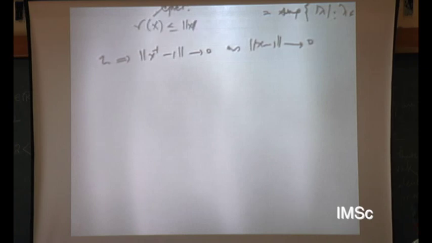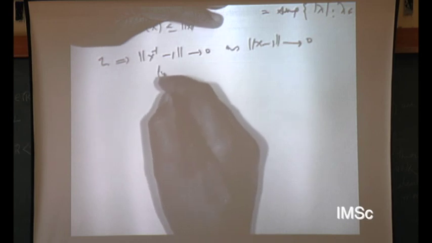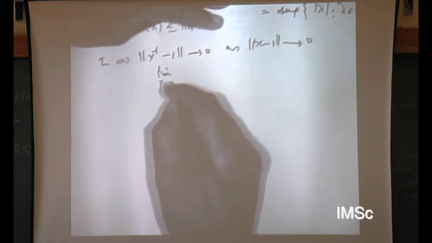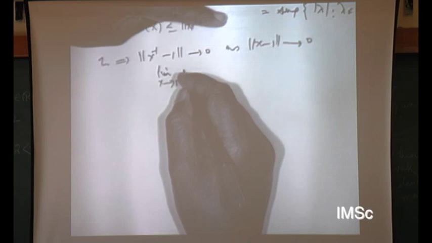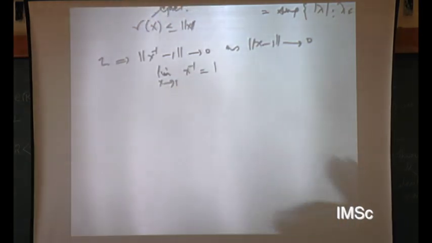That is the observation that I made. As x approaches 1, x inverse approaches 1. There is a more natural way to say it: the limit as x approaches 1 of x inverse equals 1. That's what I'm saying.